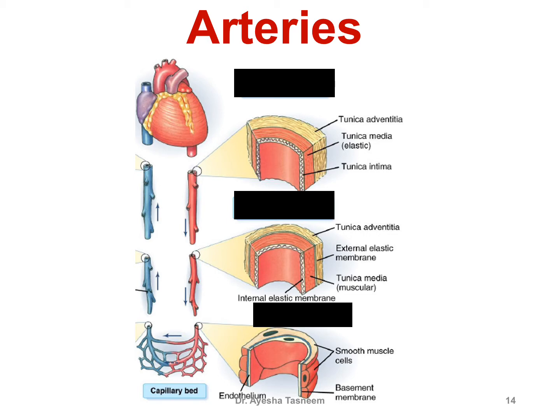Here there are different types of arteries. These are the figures you can see on the top. This is the large sized arteries. In the middle you have medium sized arteries, and in the end we have the capillaries.